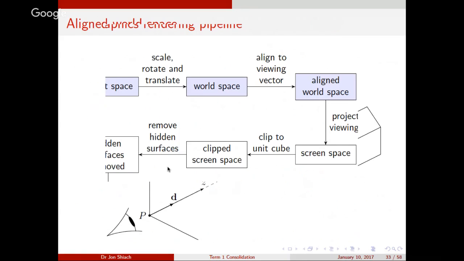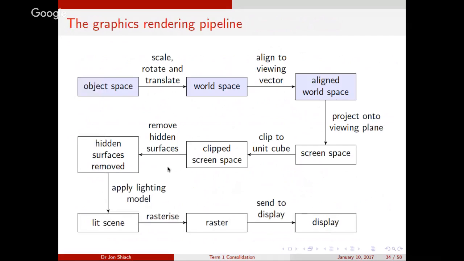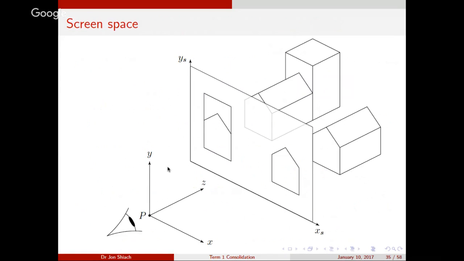So we've got the objects, we've built your world space, and you've aligned it to the viewpoint. The next thing we need to do is project it onto what we call a viewing plane. This is so we can actually see it. 3D displays haven't been invented yet, so we're still on good old-fashioned 2D. So we need to project onto a 2D viewing plane. This is your aligned world space.